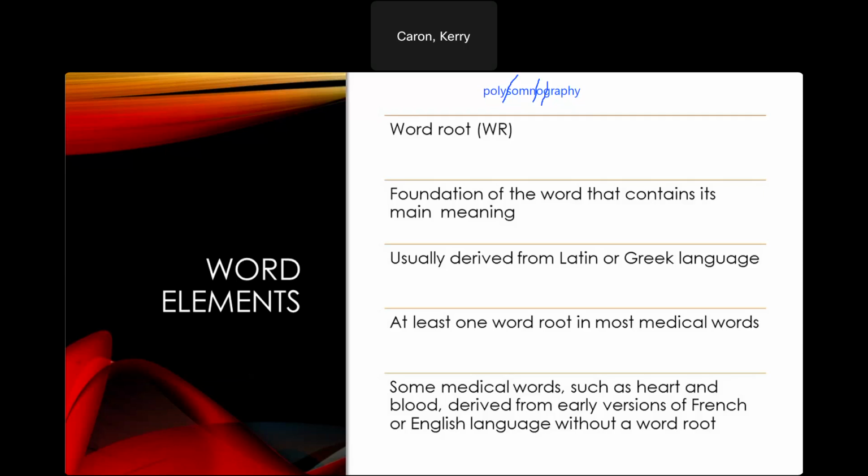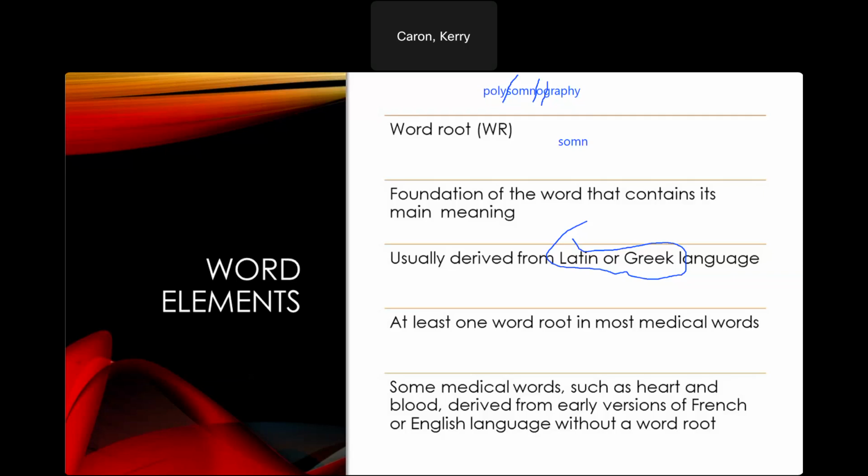It is the foundation of the main meaning of the word. Usually, all of our medical terms are derived from Latin or Greek. That is important for you to know. Hint, hint, hint. Latin or Greek. And there's usually at least one word root in most medical words. Now, there may be more than one.